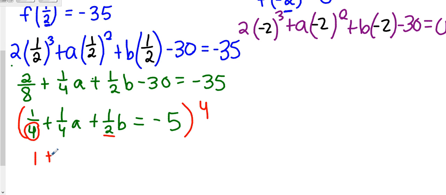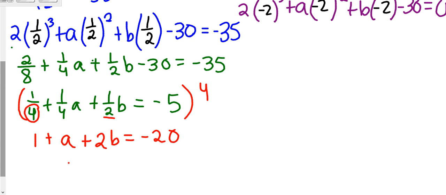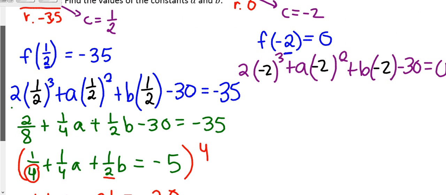Plus 1/4 a times 4 is 1a. 1/2 b times 4, that would be 4 divided by 2, so that's 2b. And negative 5 times 4 is negative 20. Then I'm going to move that 1 over, so we have a plus 2b equals negative 21. So there's our first equation where we have a and b. We can eventually solve for that.